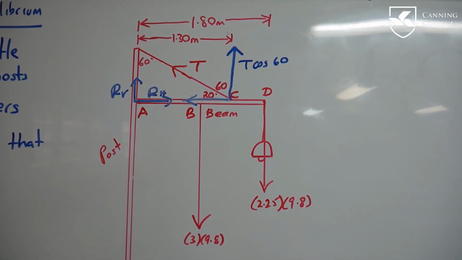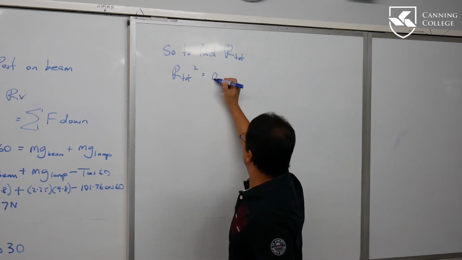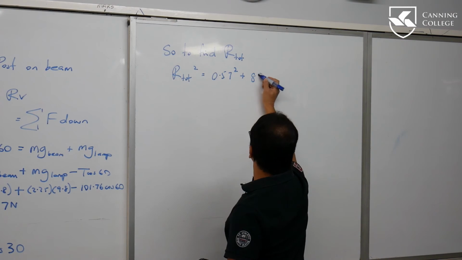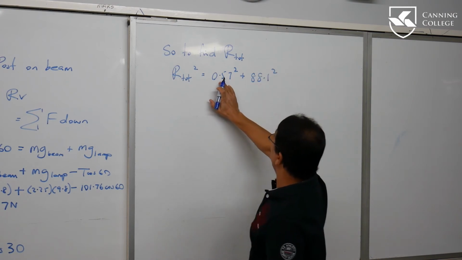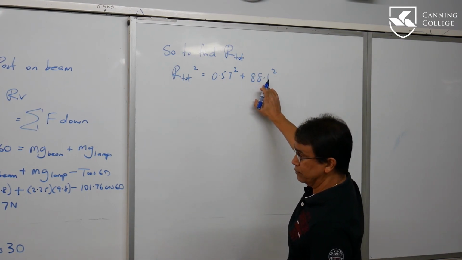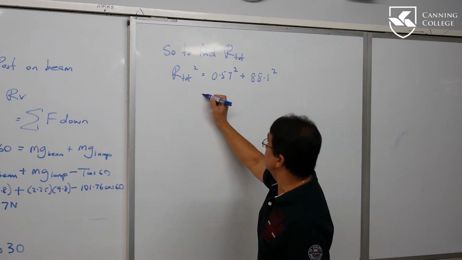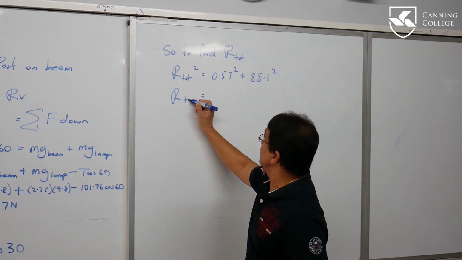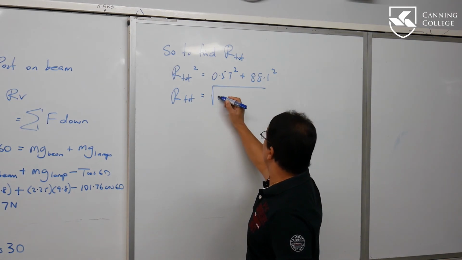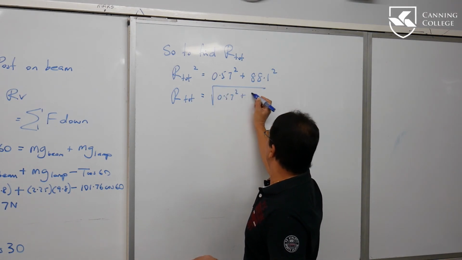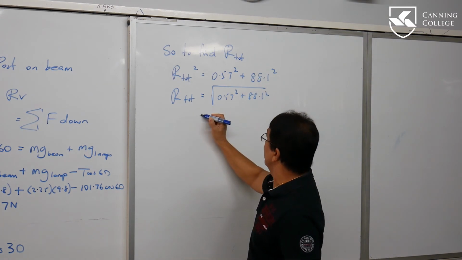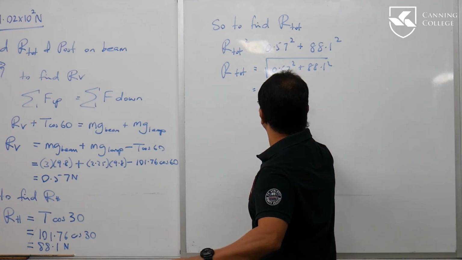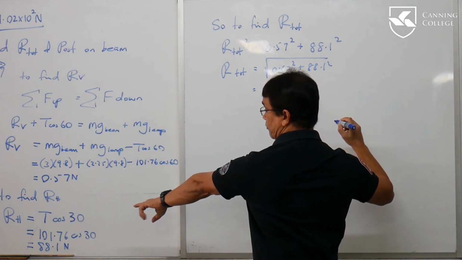So we've got RV is 0.57 squared plus 88.1 squared. So that's RV, that's RH. Have I got that the right way around? Yes, I do. And so therefore R total is going to be equal to the square root of 0.57 squared plus 88.1 squared. And that comes out to be, in fact, 88.1.